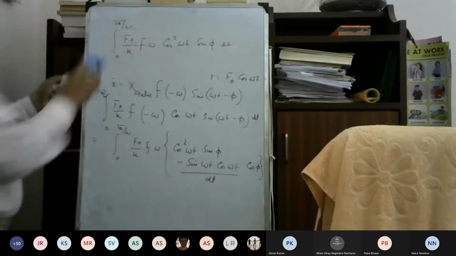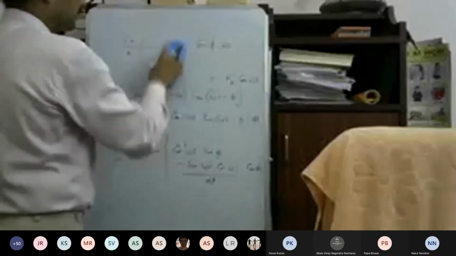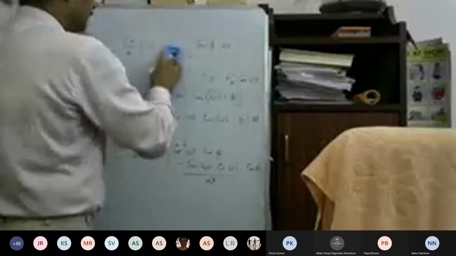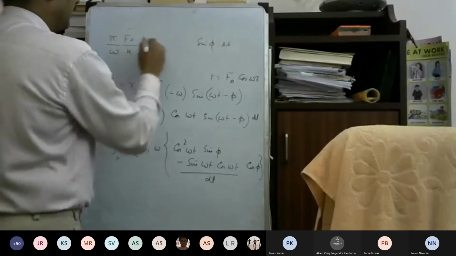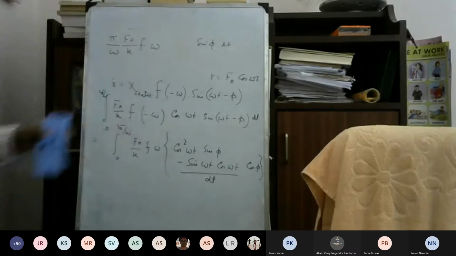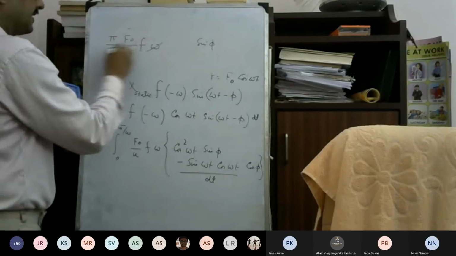If you integrate, this becomes equal to half and pi by omega, right? So this is the value of this integration. Now omega cancels out.